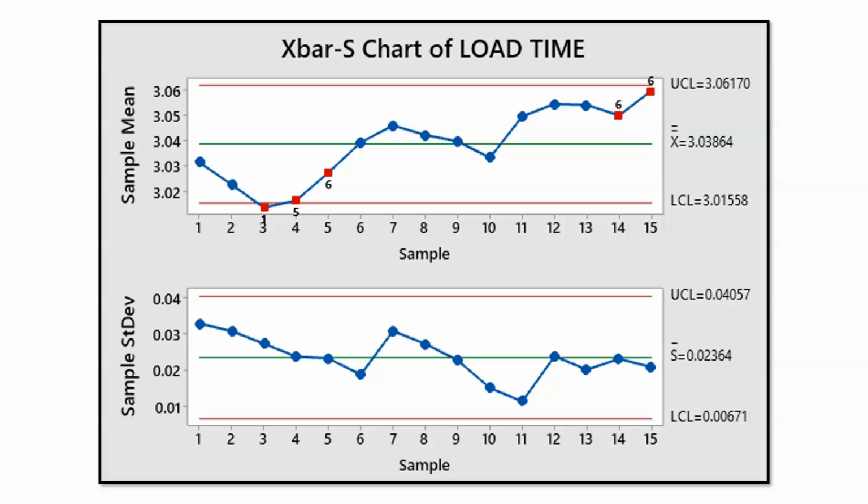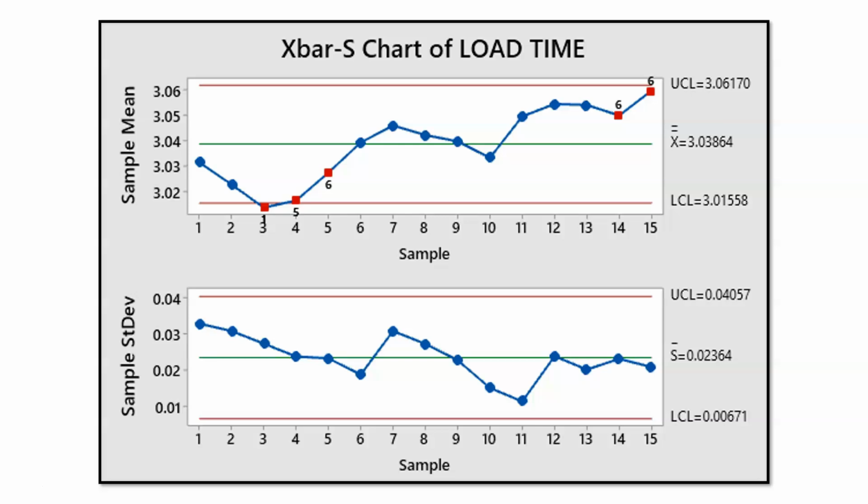And there are a few problems that we can run into or notice here. The first is that at point number 3, or sample number 3, we have a point that's below the line. Okay, that's an out of control point. And in this case, because we want our loading times to be faster, that may not necessarily be a problem. It's a smaller value.